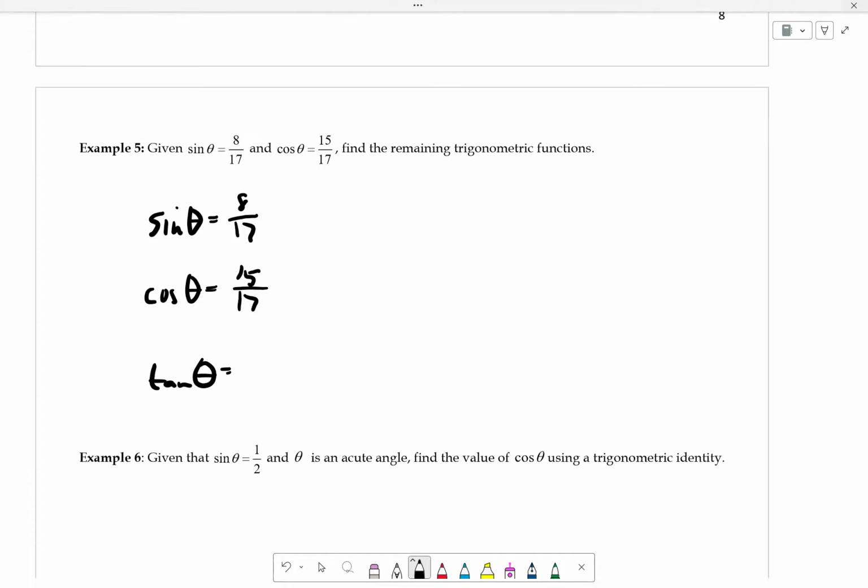We ready? Brady, could you tell us what you did here? Okay, so you knew that this is the opposite, and this is the adjacent. Okay, so you're able to piece information together.